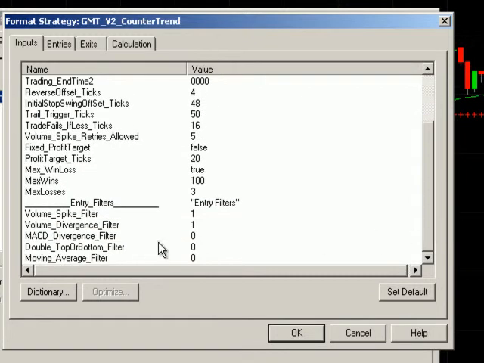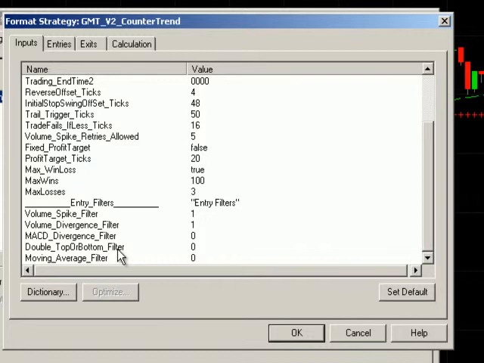So we've got the volume spike, we've got divergence, we've got the MACD divergence, we've got a double top, double bottom filter, and we've got a moving average filter. The reason we've got those filters in is so that if you want to be very specific about what type of trade you want to take, you're able to take the setups based on your filter.